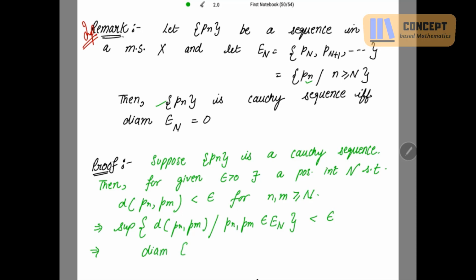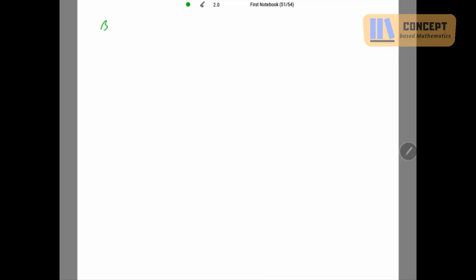This is the diameter of En, which is strictly less than epsilon. And epsilon was arbitrary. You can take epsilon to be any small positive number near 0. Therefore, if I take the limit as n goes to infinity of the diameter of En, then this will be equal to 0, right?